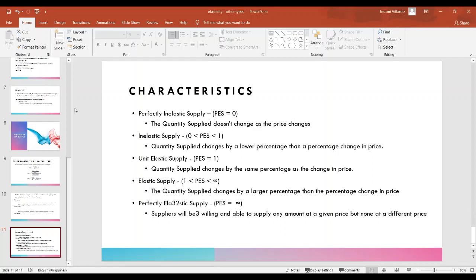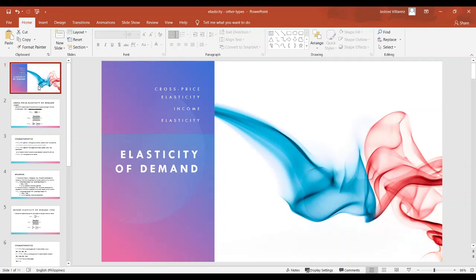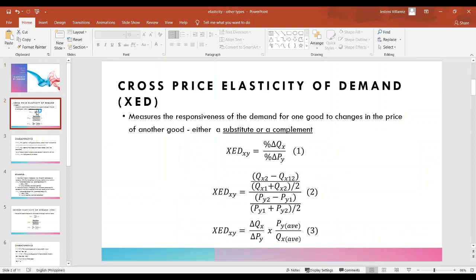Okay, other types of elasticity, we have cross price and the income elasticity. So when we say cross price, this is the responsiveness of the demand for one good, let's say good X, to the change in the price of another good. So that's good Y.